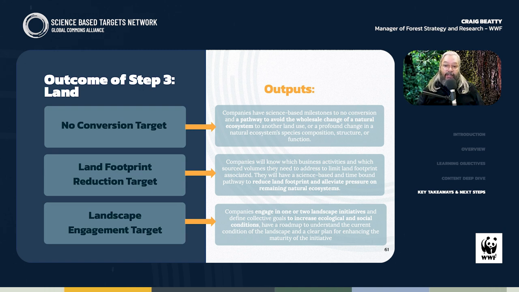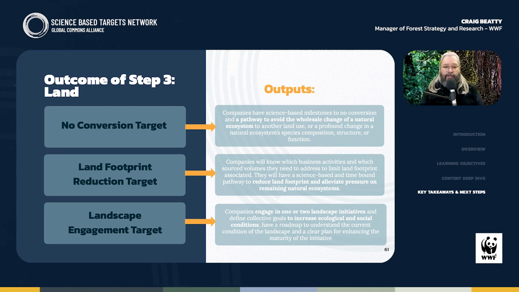Companies will know which business activities and which sourced commodities are linked or potentially linked to conversion and will be able to focus their future efforts on transforming productive practices and or ensuring the sourcing of conversion-free commodities. Similarly, by setting a land footprint reduction target, companies will learn what their contribution, direct or through sourcing, is to global agricultural land footprint.